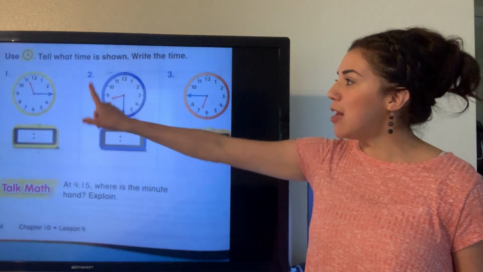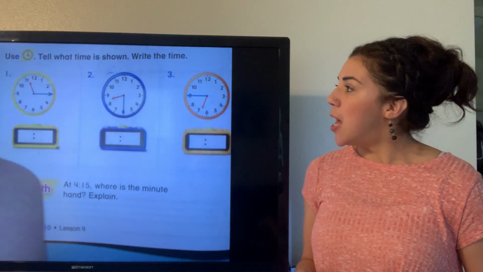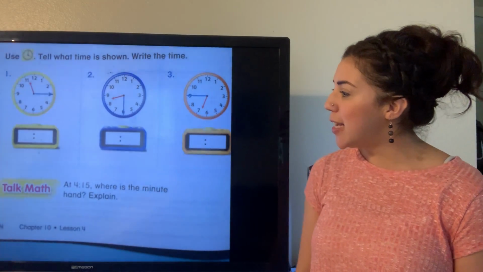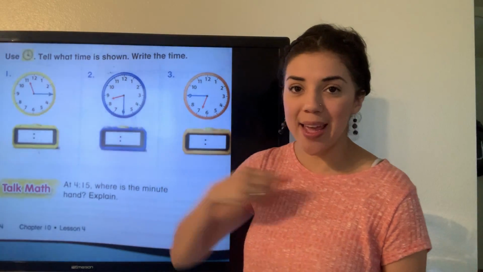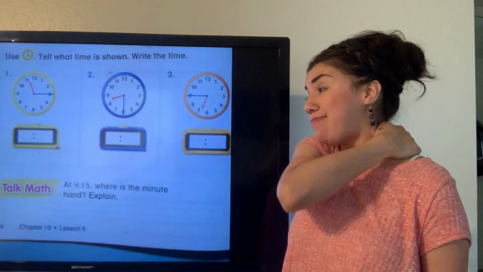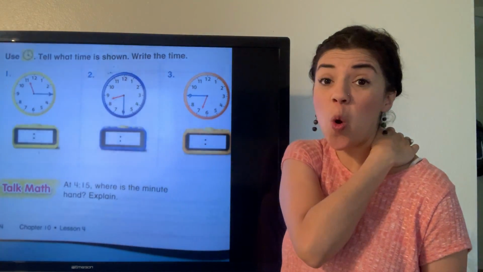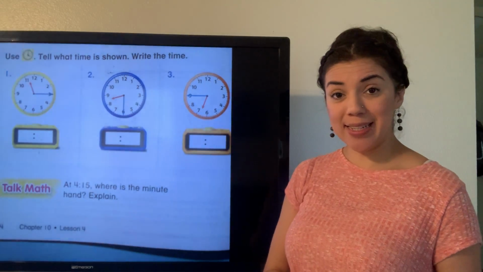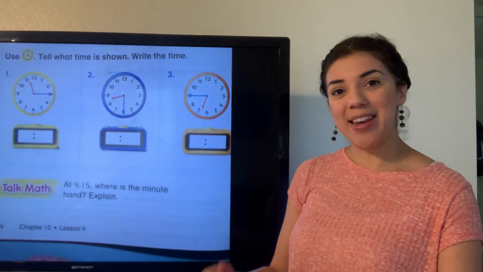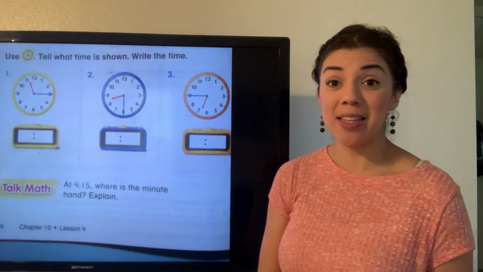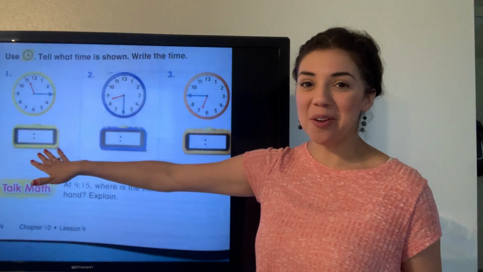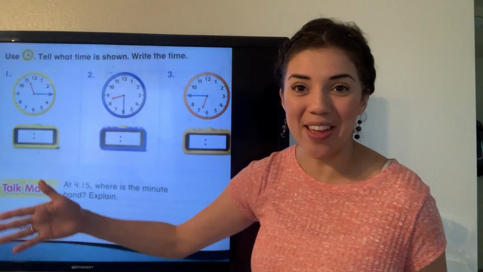Okay, so the analog clock on number 1, we see that the hour hand is on the 11 and the minute hand is on the 3. So we would say that it is 1/4 past 11. But when we write it in a digital clock, we're not going to write 1/4 past 11, right?